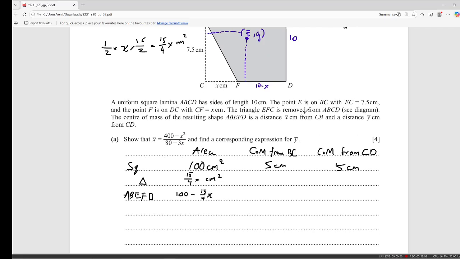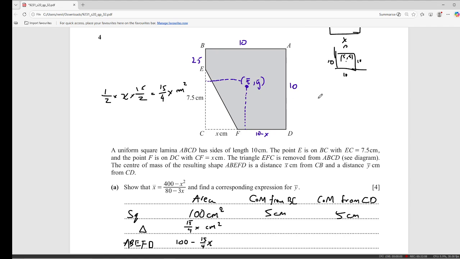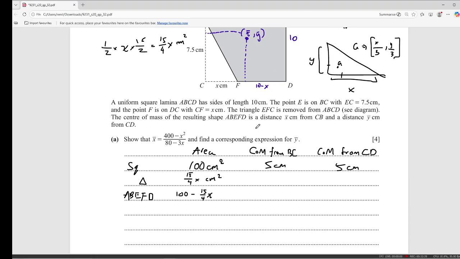Okay. Then what about the triangle? For a triangle, it's a little different. If you have something of length y and length x, the center of mass G will be such that it is 1/3 of the horizontal distance and 1/3 of the vertical distance, meaning x by 3, comma y by 3. And as such, we will do that.